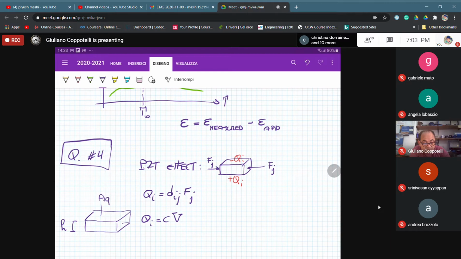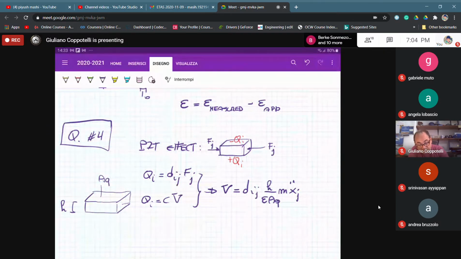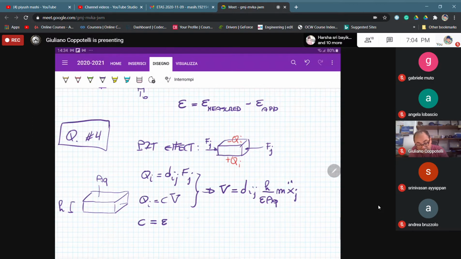Then you put the things together and you can say that the output tension that could be measured on your end circuit is given by this E, J, H, or what are they, electric, A2, and then MX times twice. Okay, remember that the capacity of a capacitor is the dielectric times A2 over H.